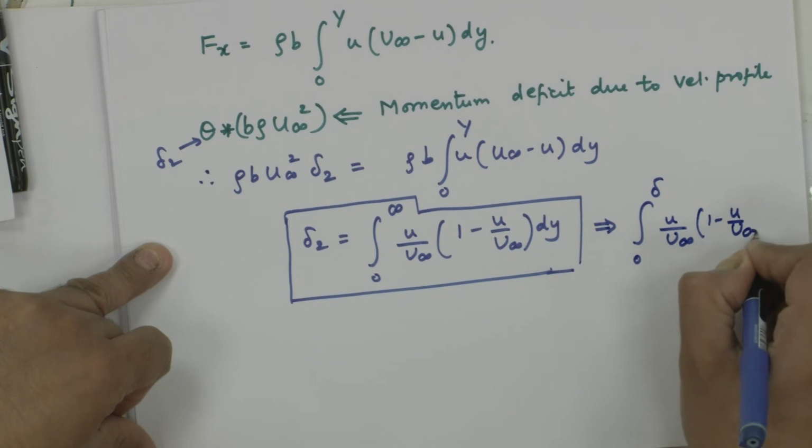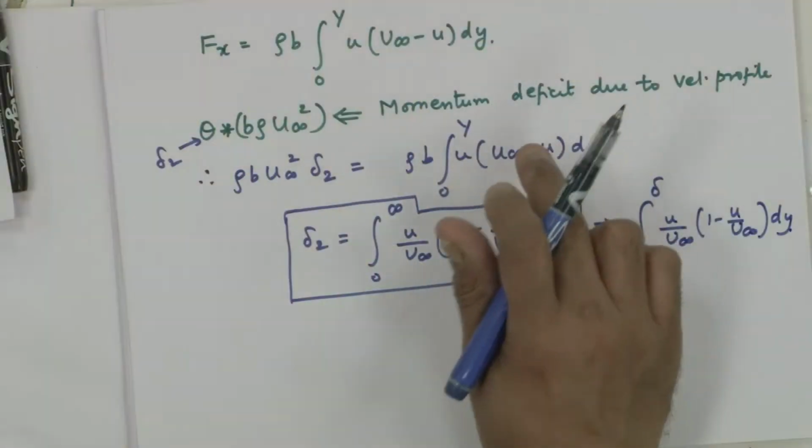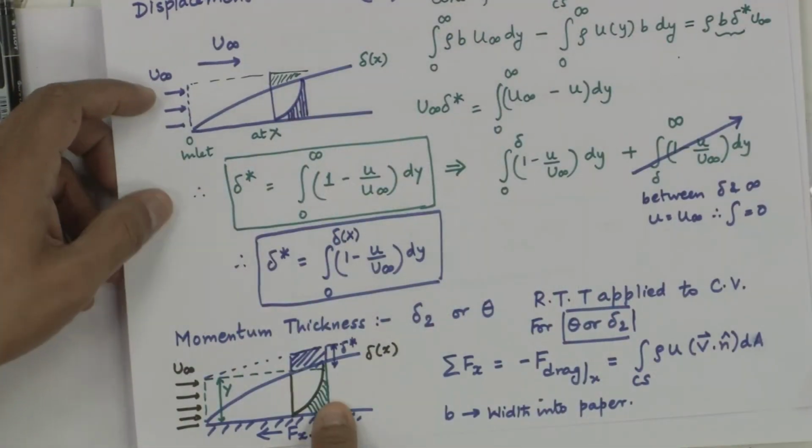Okay. So, this deficit is what is going to take care of the loss of momentum because of this velocity profile. We define that quantity in terms of the inlet mass flow rate and the inlet velocity, that is u infinity, and it is like a fudge factor. So, theta into rho b u infinity squared.